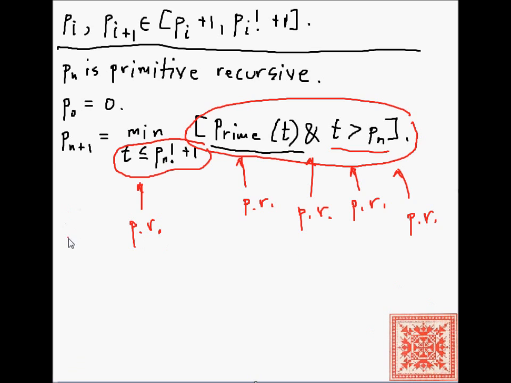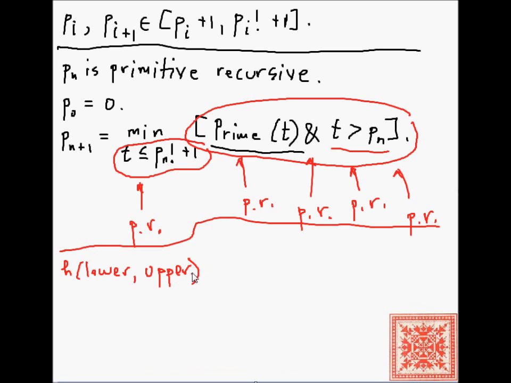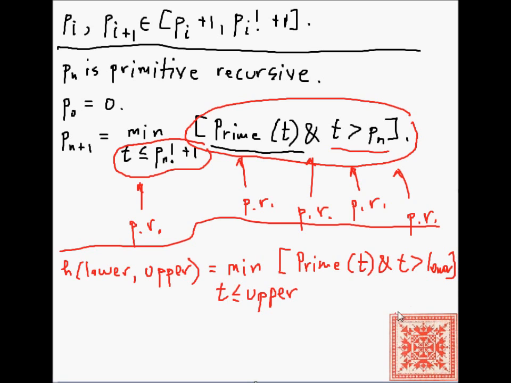Okay, so that's the proof, and then we can formalize this proof by defining this predicate h of lower and upper, equal to the minimalization of t less than or equal to upper, such that t is prime and t is strictly greater than lower.